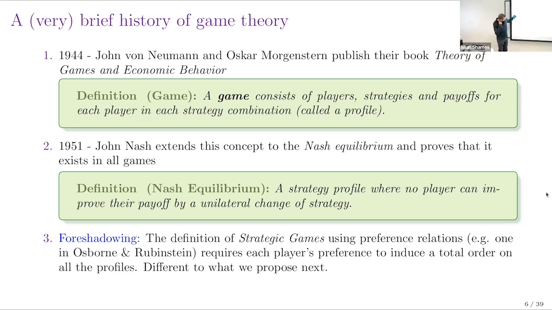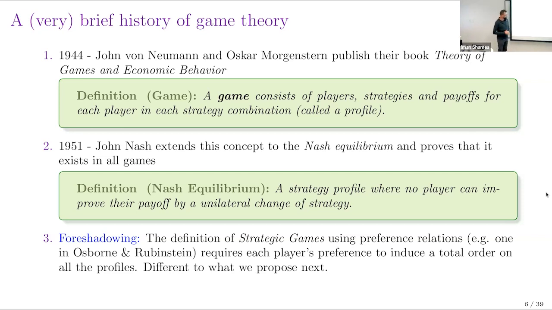Then Nash extends the concept to the notion of a Nash equilibrium and proves that it exists in all games. It's a profile where no player can improve their payoffs by a unilateral change of strategy. So they are in a Mexican standoff.